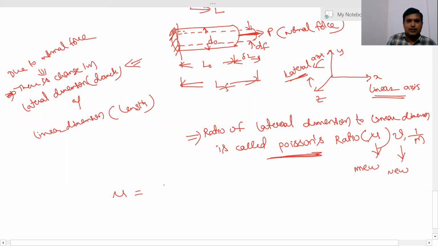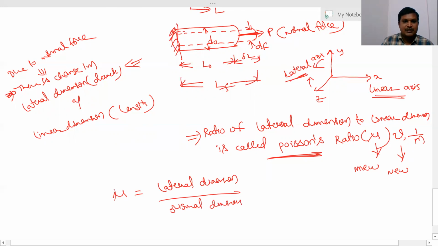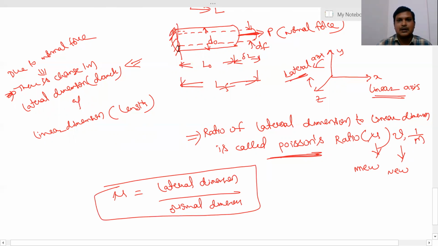So mu is equal to the ratio of lateral dimension to original dimension, which is called Poisson's ratio. Is it clear?